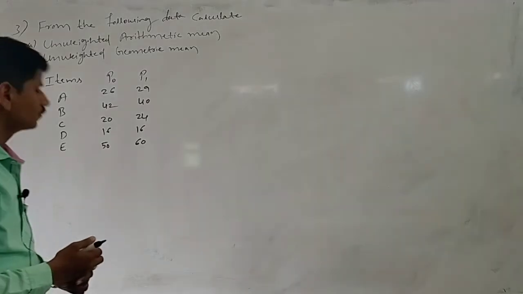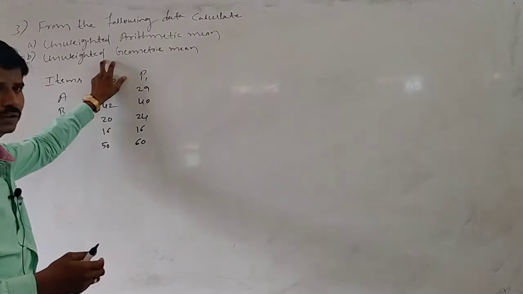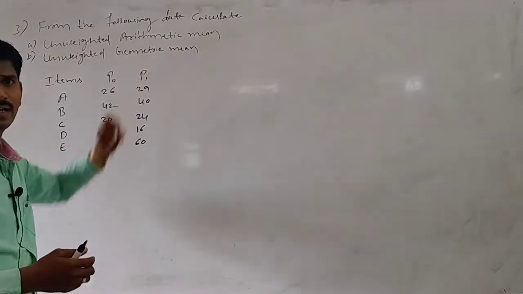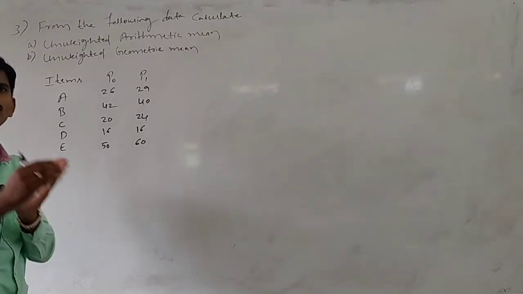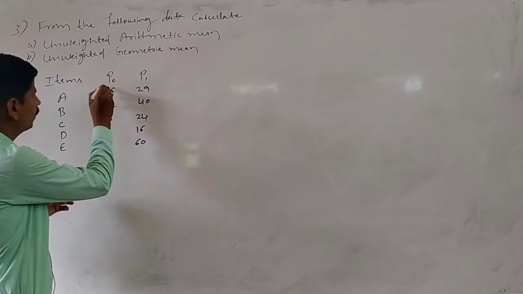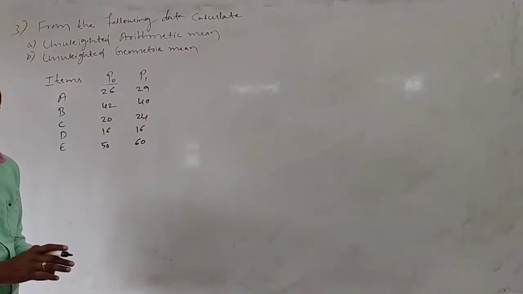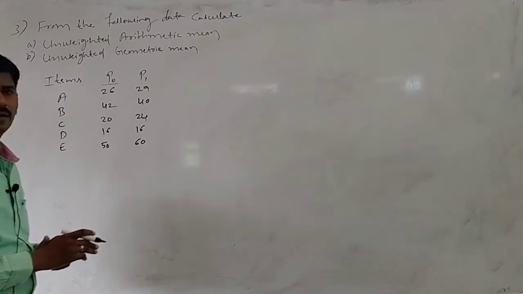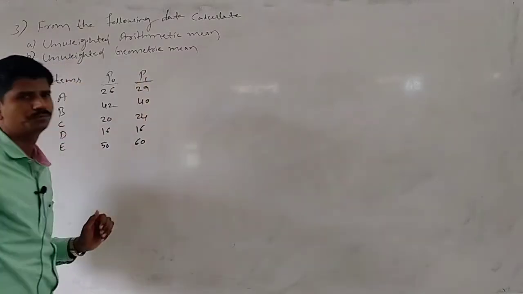Here they are given items, price in 2010 and price in 2012. Here 2010 is the base year and 2012 is the current year. Price in 2010 is denoted by P naught, and price in 2012 is denoted by P1.